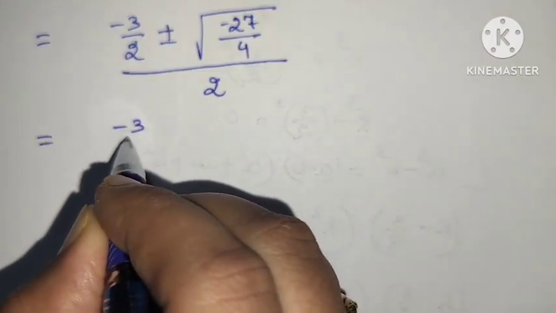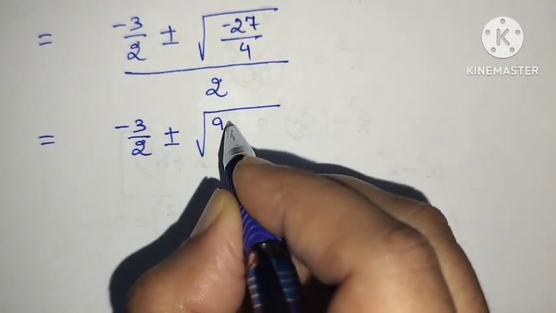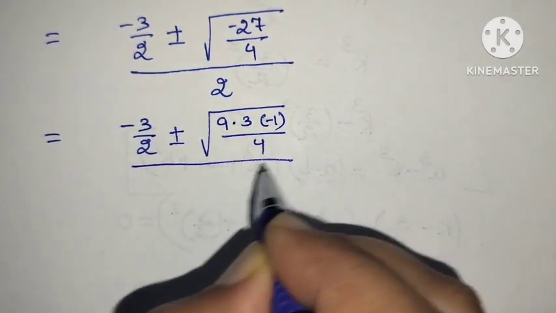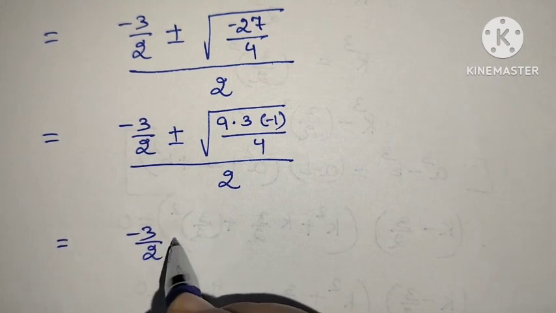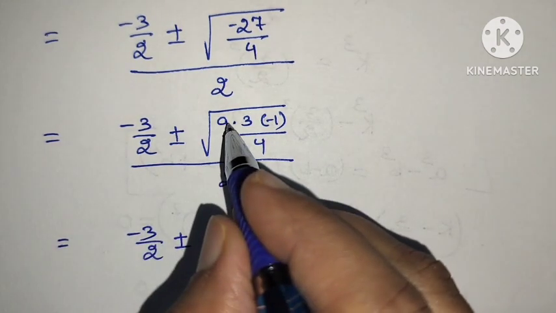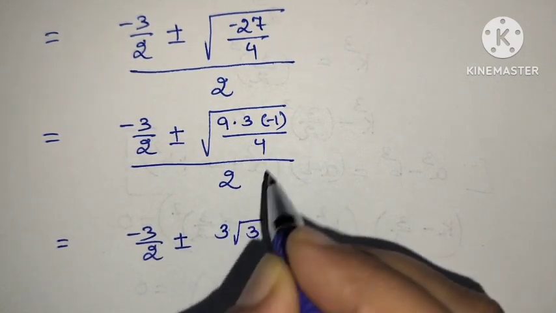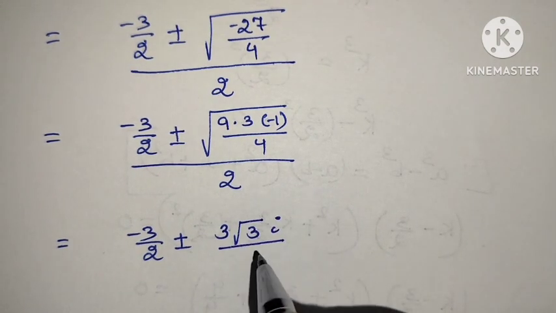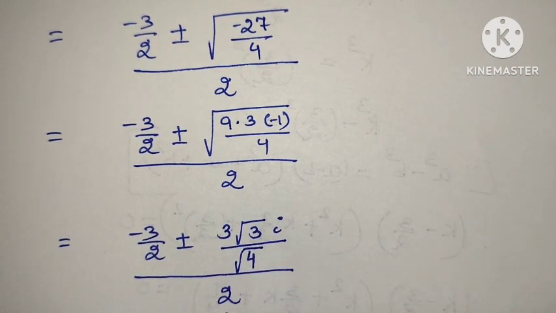This is equal to minus 3 by 2 plus minus root over of 9 into 3 into minus 1 divided by 4, whole divided by 2, is equal to minus 3 by 2 plus minus root over of 9. It is what? 3. Then root 3, root of minus 1 in complex number is i, divided by root over of 4, divided by 2.